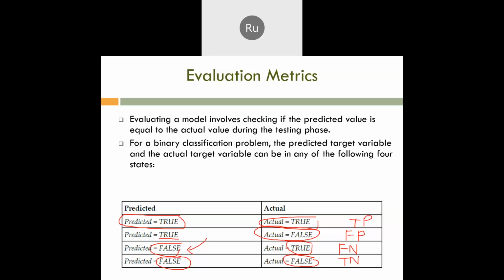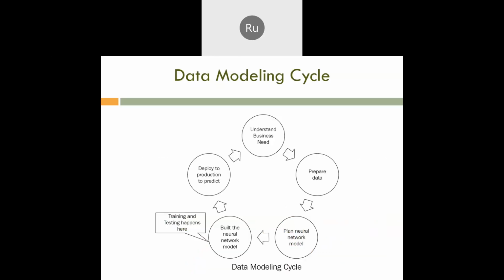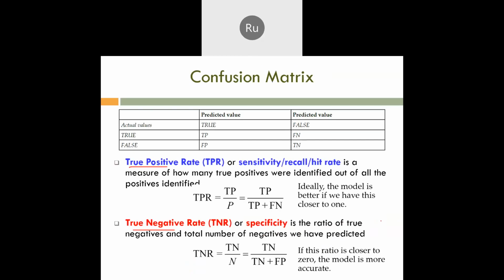We will use these values in order to form the accuracy. Your accuracy depends on the true positive and true negative here. For the true positive rate, we are looking at how many of them we predict correctly, divided by the total of true positives and false negatives, which is the whole positive population.